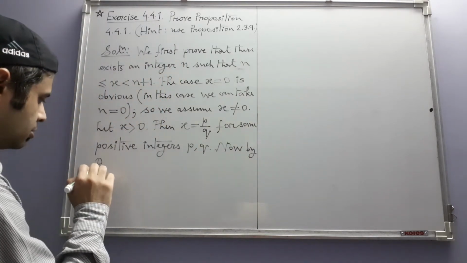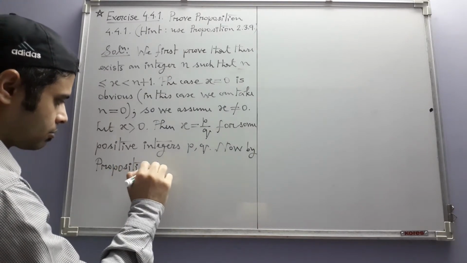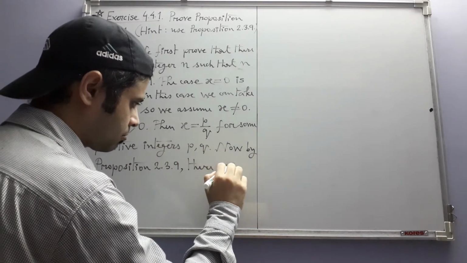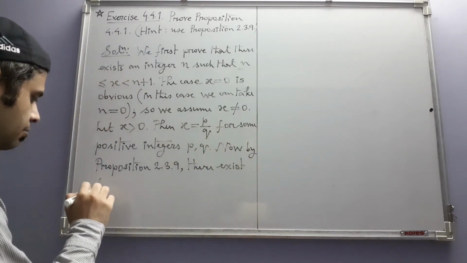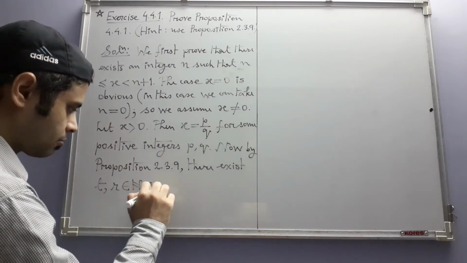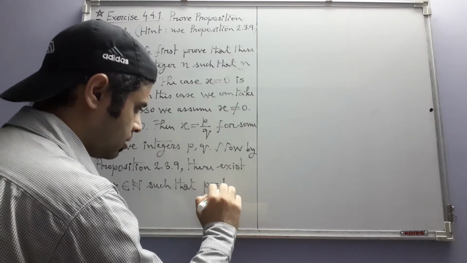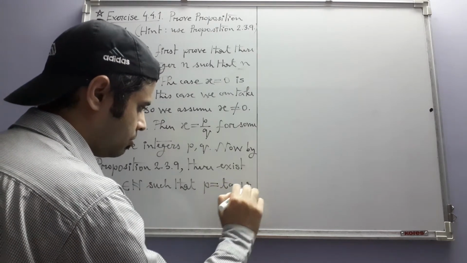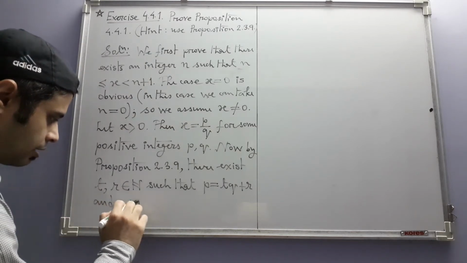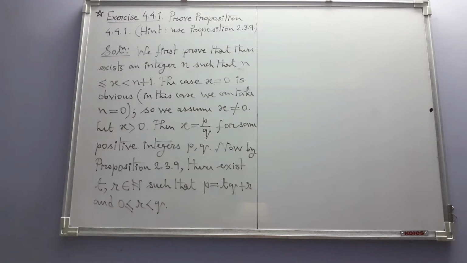Now by proposition 2.3.9, there exist natural numbers, say t and r, such that p is equal to tq plus r, and r is non-negative and less than q.